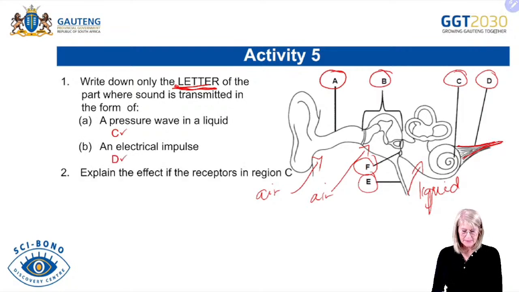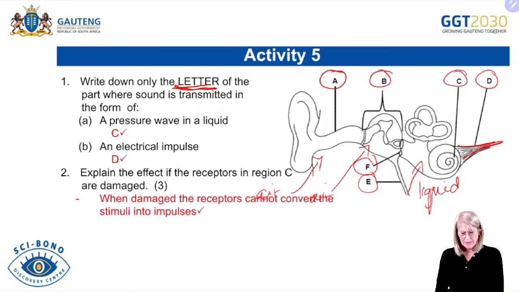Now the next question asks us to explain the effect if the receptors in region C are damaged. So now if the little receptor cells that we find in the organ of Corti are damaged, what is going to happen?